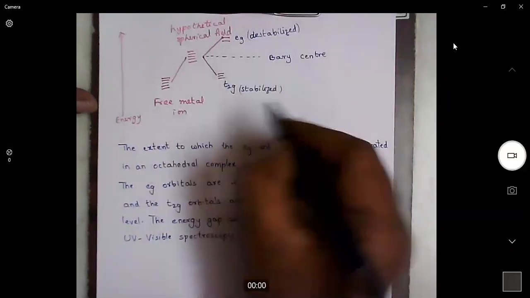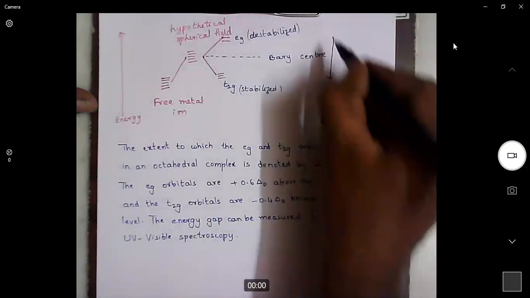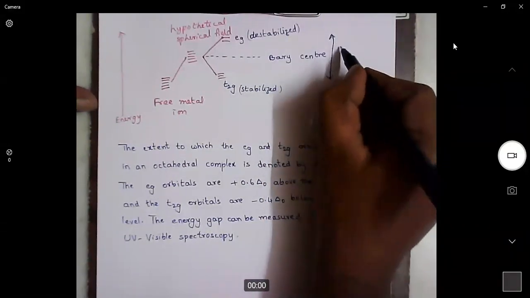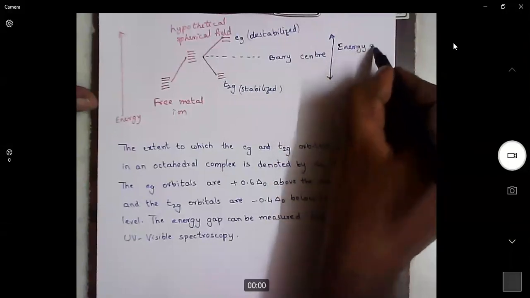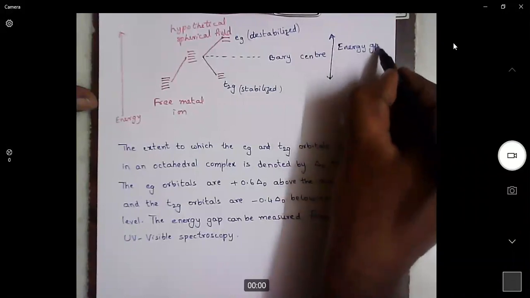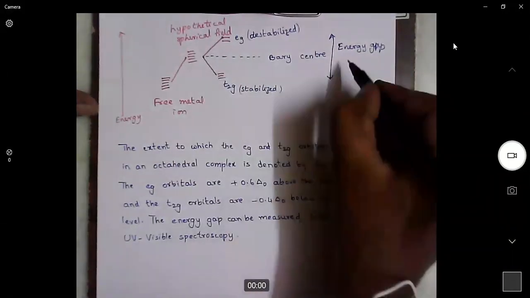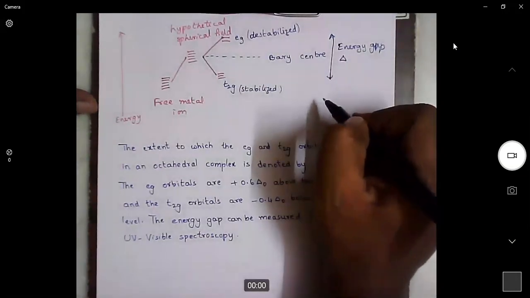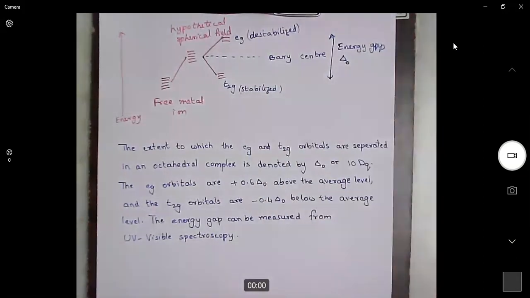Now the energy difference between T2G and EG orbitals is called the band gap or energy gap. This is represented by delta. In octahedral complexes, we add the suffix O. O represents octahedral.